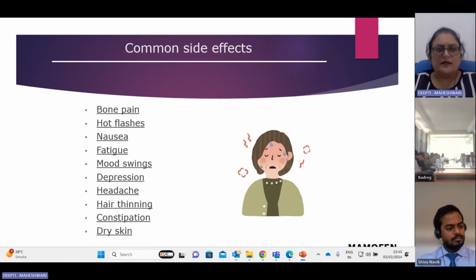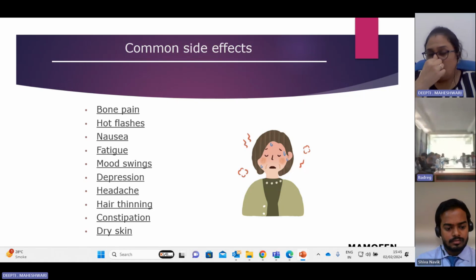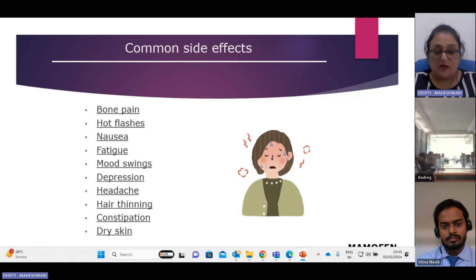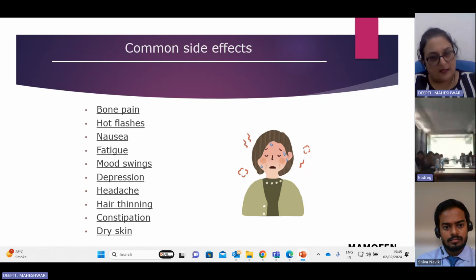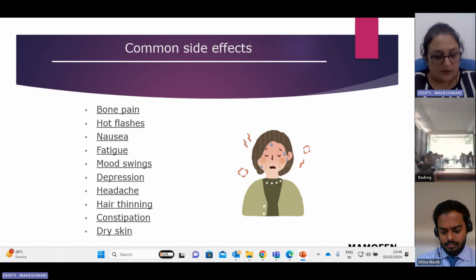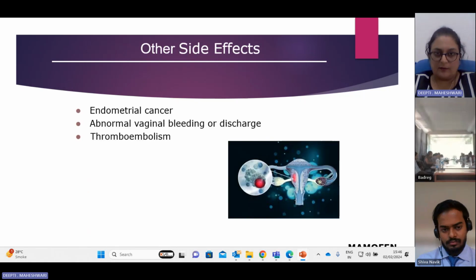Some of the common side effects, which are generally associated with hormonal treatments, could be bone pain, hot flushes, where females feel a lot of heat even under normal temperatures, nausea, fatigue, mood swings because it's a hormonal preparation, depression, headache, hair thinning, constipation, and dry skin, which is also a very common side effect associated with any type of hormonal preparation for that matter.